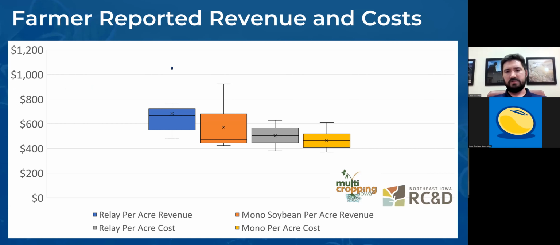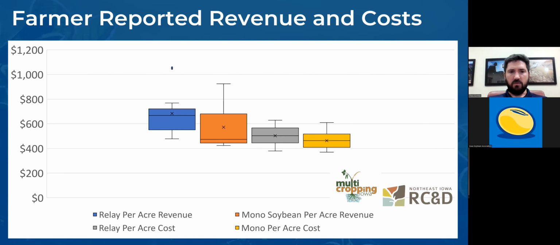And so Multi-Cropping Iowa through the Northeast Iowa RC&D had done some basic surveying of these farmers that are doing this. And this shows that they're finding this system to be profitable. Now, not in all cases is it more profitable than sole crop soybean, but the costs are similar, and the upside potential is there.